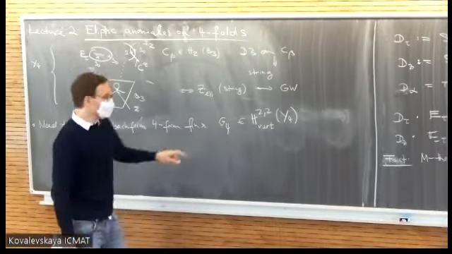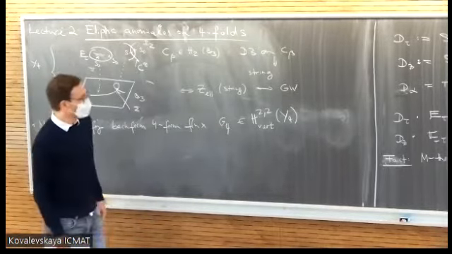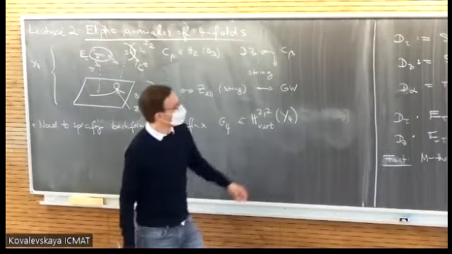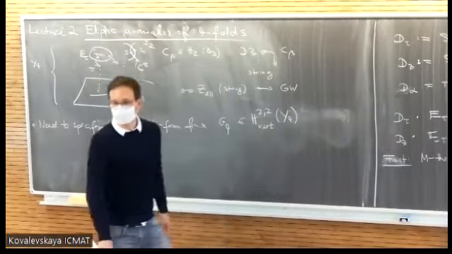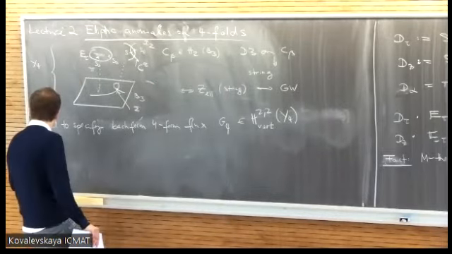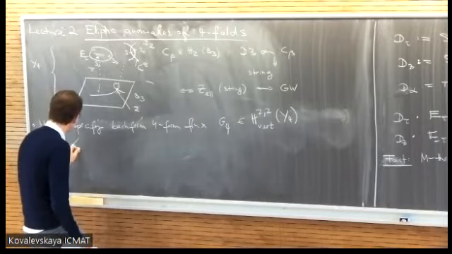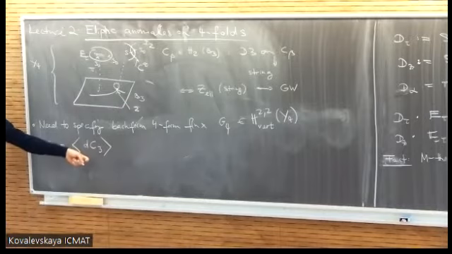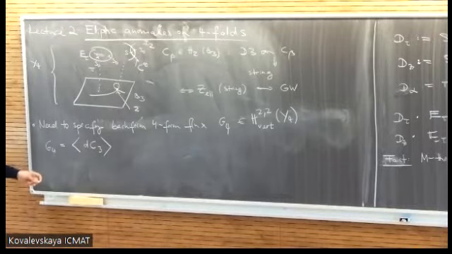Namely, this G4, from a physics point of view, can be thought of as an expectation value of the field strength of this three-form C3, which is known from M theory. So G4 for the mathematicians is the expectation value for the field strength of this three-form in M theory along Y4.